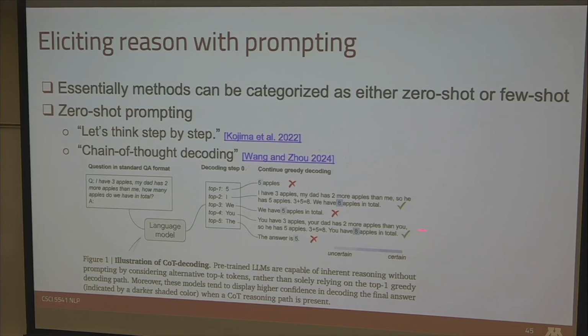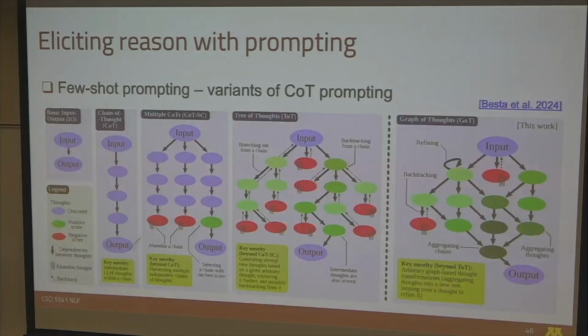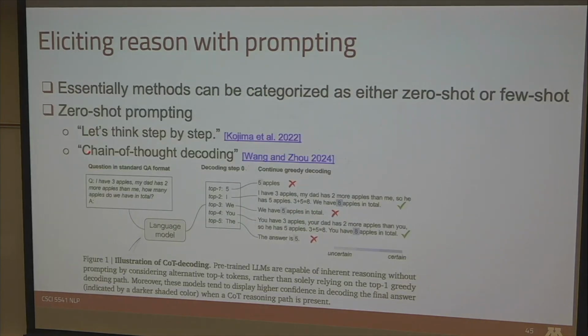And surprisingly, the reasoning chains with the correct answer have the highest confidence scores. So if we just select the chains that have the highest confidence scores, usually you're correct. This shows how we can do chain of thought reasoning with more decoding. So that's pretty much the zero-shot way of doing things.